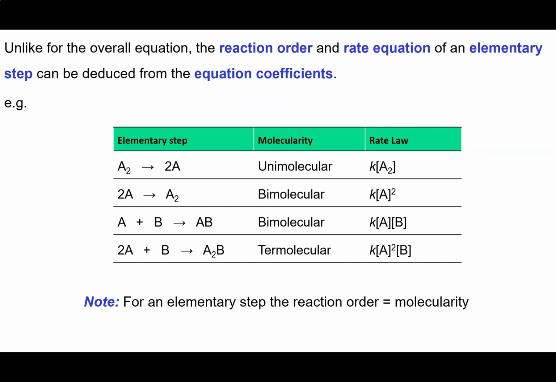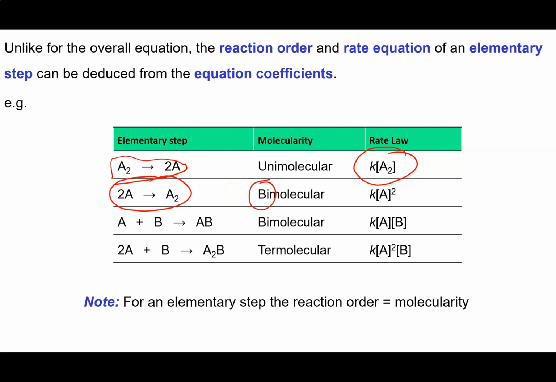So unlike the overall equation, the reaction order and rate equation of an elementary step can be figured out from the equation coefficients. So if this is my elementary step, it's unimolecular, it's just involved in one particle. Unimolecular elementary steps will be first order. Bimolecular, here's my elementary step here, it's bimolecular.